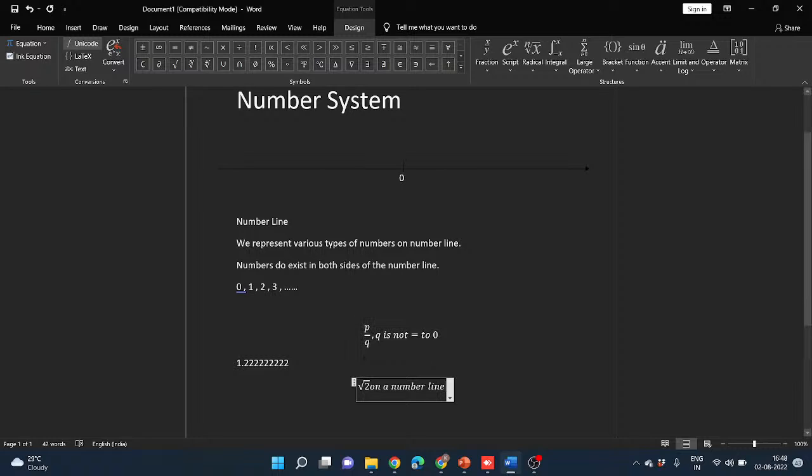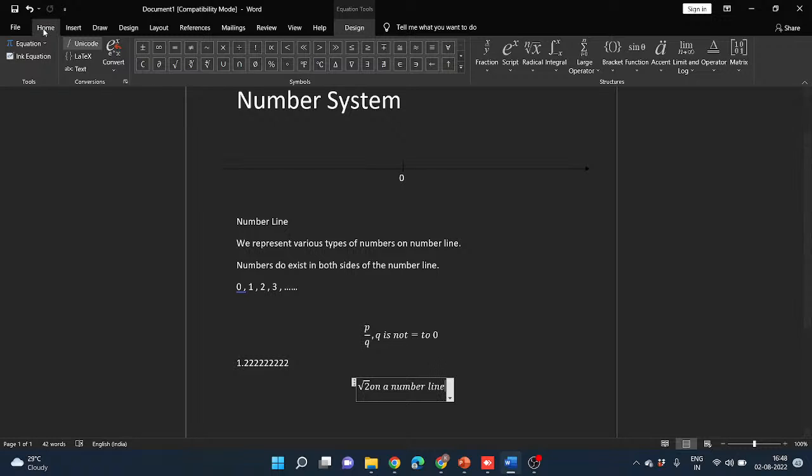Then by the Pythagoras theorem, the diagonal of that square is the hypotenuse of a triangle. So how can we represent the hypotenuse of the triangle on a number line?